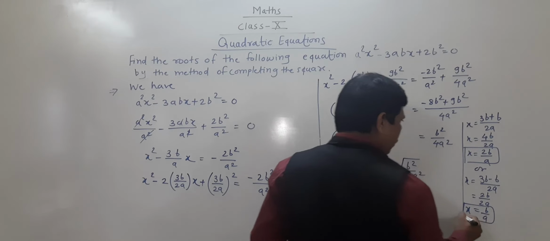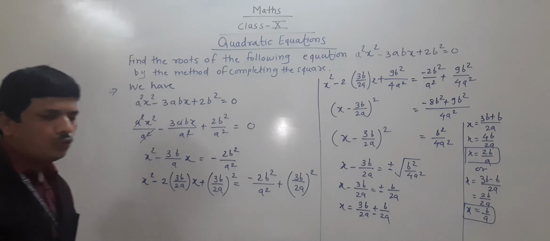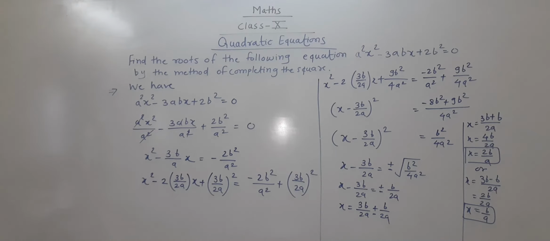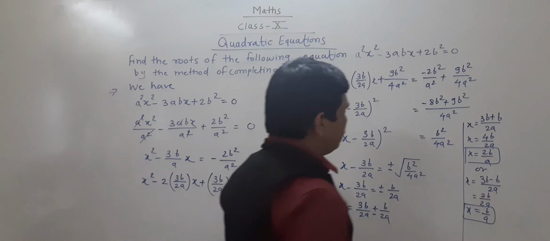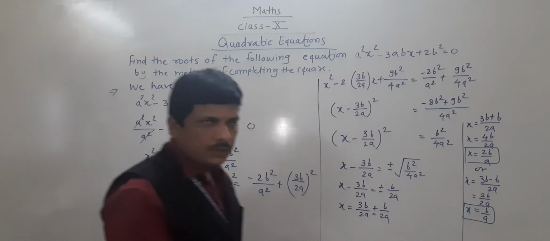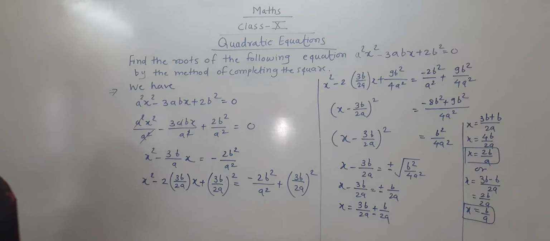So this is the second value of x. So x is equal to 2b upon a, and x is equal to b upon a.